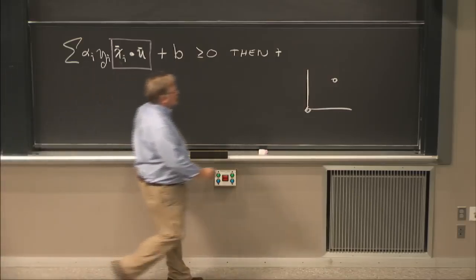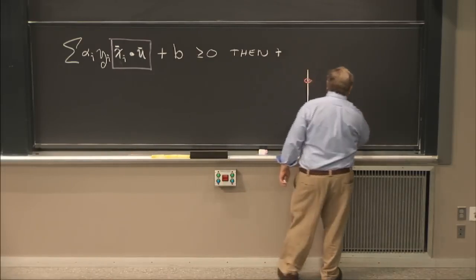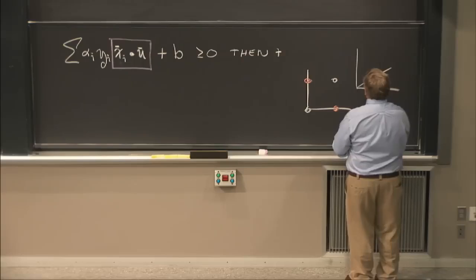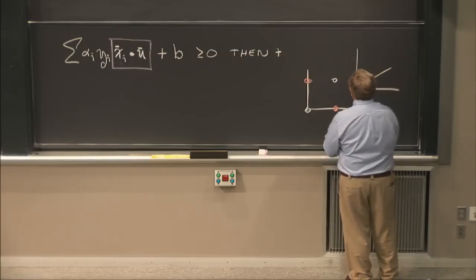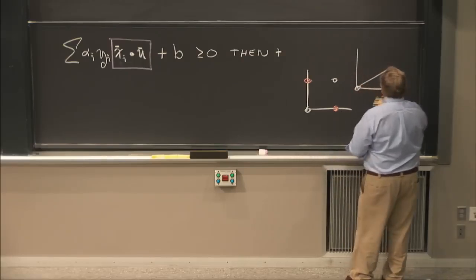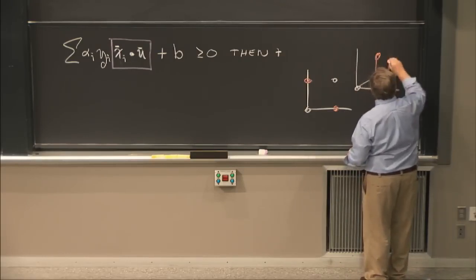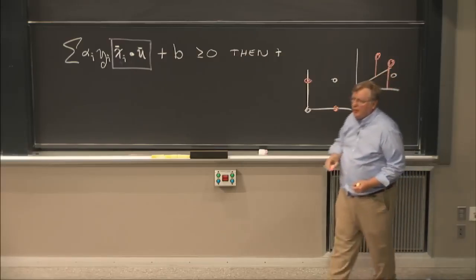Here are 2 other points. We can't separate them, but if we could somehow get them into another space, maybe we can separate them because they look like this in the other space, and they're easy to separate.